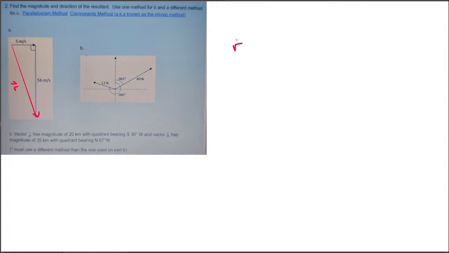The magnitude, and sometimes you'll see this with 2 bars, but that's too much writing, so I'm not going to do that. The magnitude of vector R is going to be the square root of the magnitude of the component vectors squared and then summed. This is just the Pythagorean theorem.